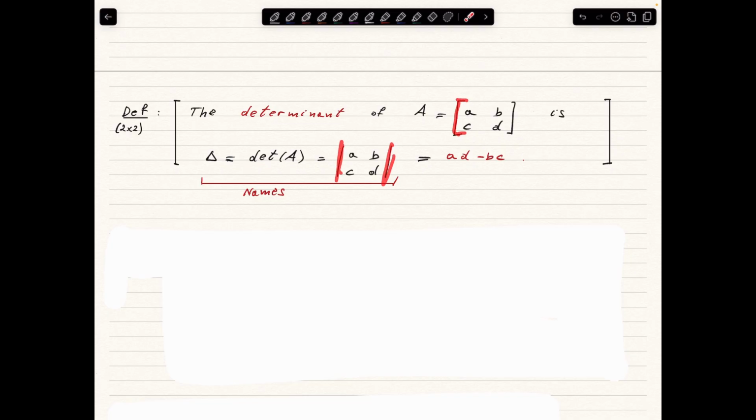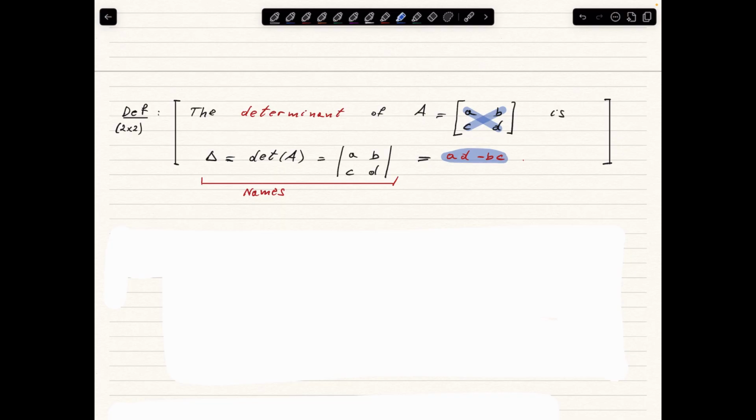Matrices have brackets, and when you put straight bars, it's not a matrix but a number. These are all names for the same quantity, and this quantity is the product of these two elements in the diagonal minus the product of the other two elements. That's the determinant.